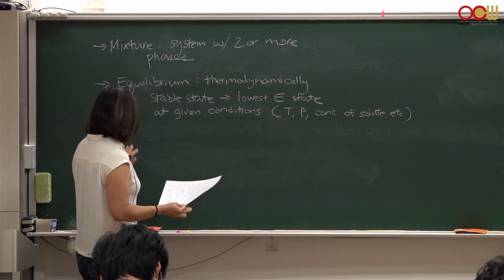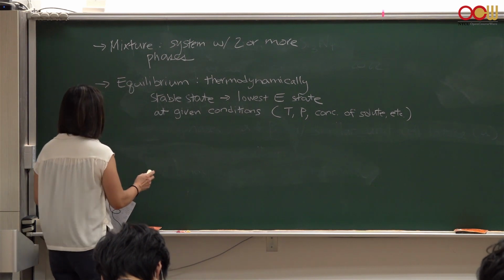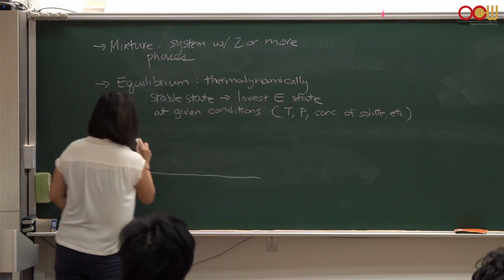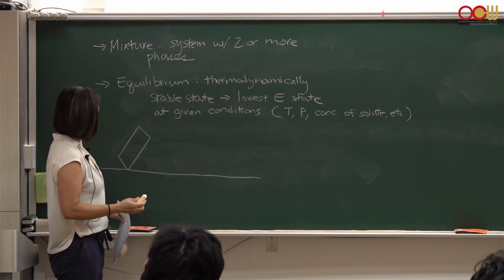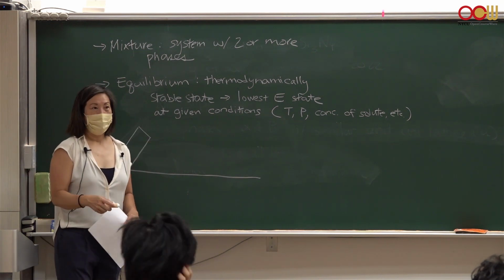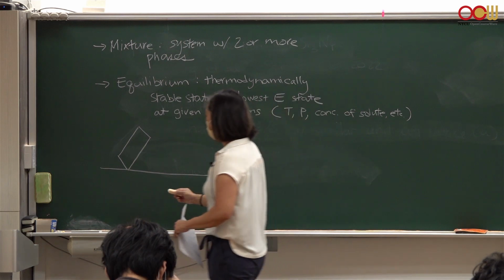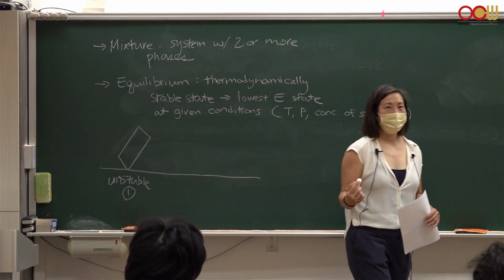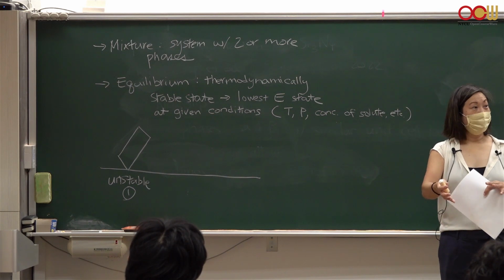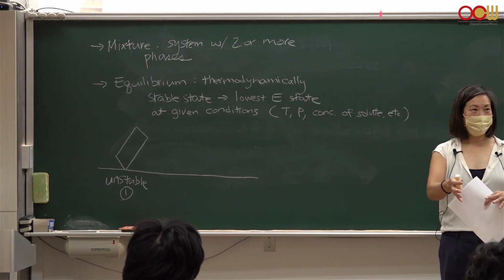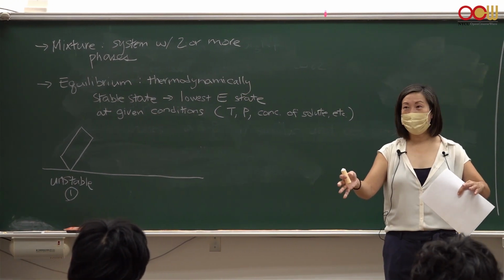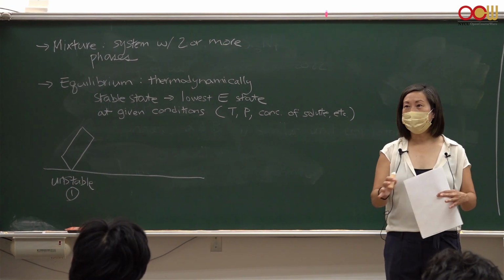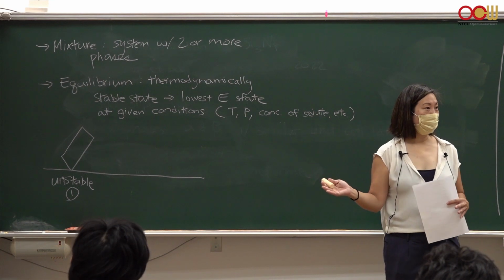An example of that: let's say you have a wooden block, and you balance that wooden block on its edge. This is an unstable state. We'll call that condition 1. You could balance that wooden block very carefully, and it could stay there for a small amount of time, but any amount of disturbance will cause that block to fall over, right?